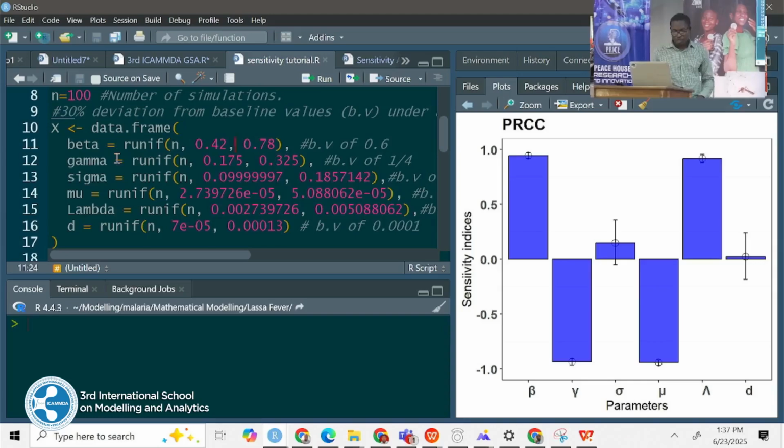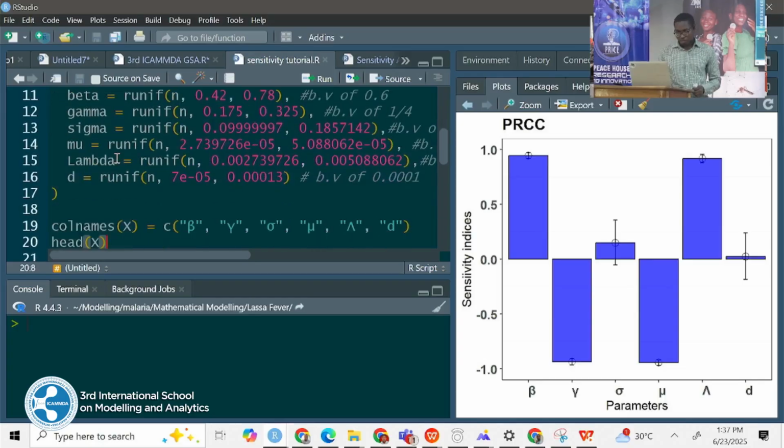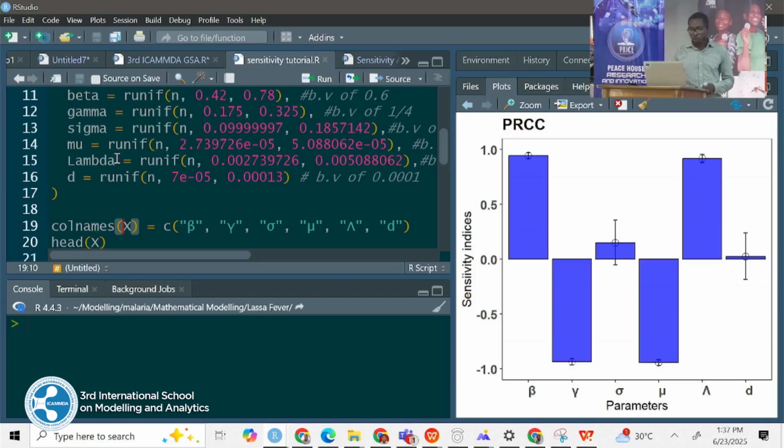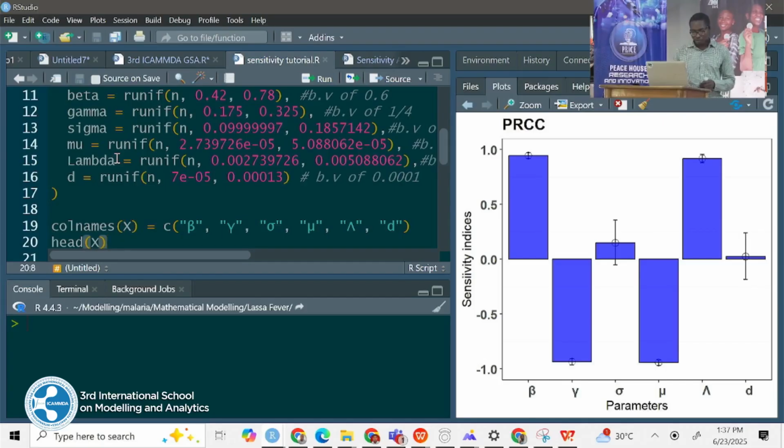So the same thing for the other parameters. If, for instance, for gamma, the baseline value is 1/4, for sigma and all that. But then this line 19, we put all the parameters we want to look at, concatenate them, we put them in vector form.